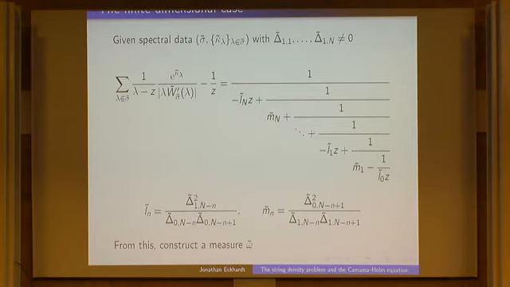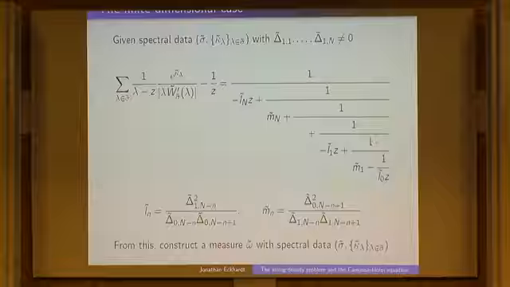Now, what you're left to do is you just need to write down your measure omega from these quantities, and it turns out that this omega, if you define it appropriately via these quantities, will have exactly this Titchmarsh function. You have this spectral data here.